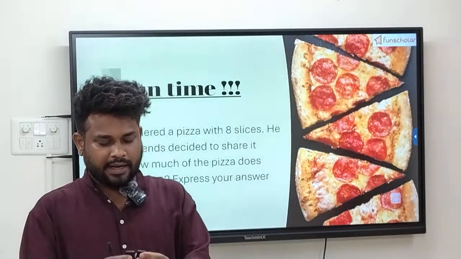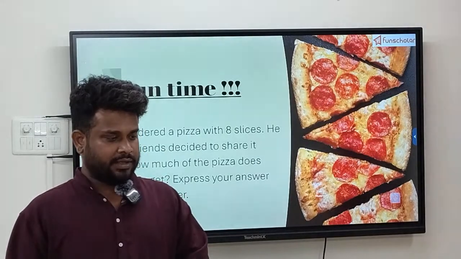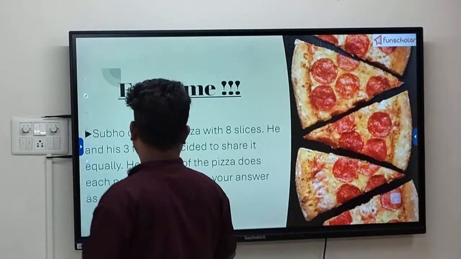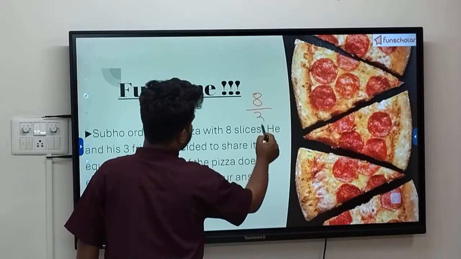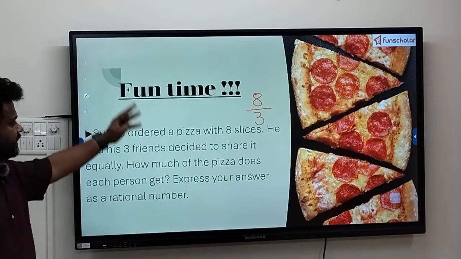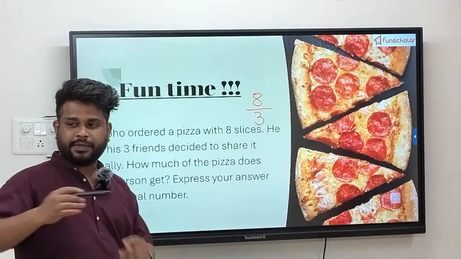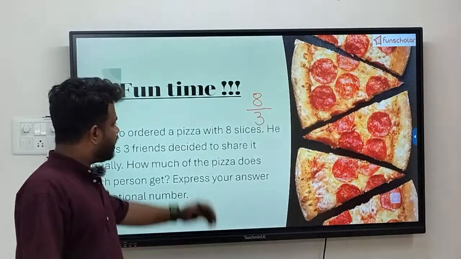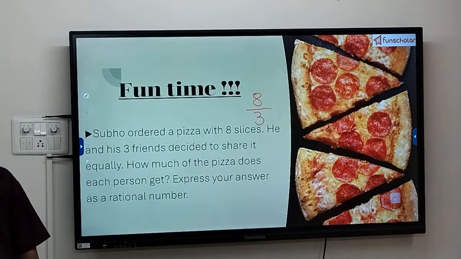And these 2 will be divided by 3. So what will it be? First of all, we have to divide it like this. This is the only correct answer, but it can also be expressed as a decimal and also an improper fraction.